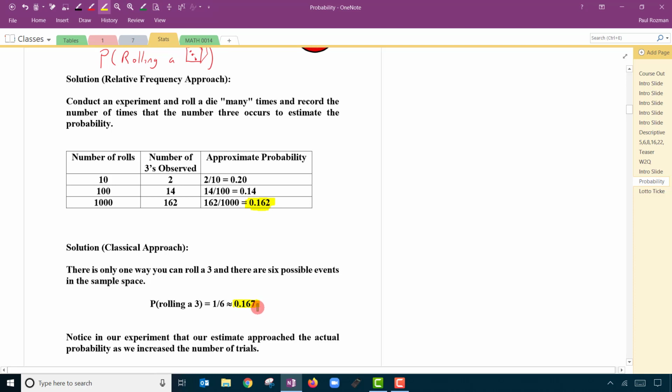So if I had continued to roll it a little bit longer, I probably would have been divorced, but I probably could continue to get closer and closer to 0.167. So that's just trying to show you the power of repeating an experiment a large number of times in order to estimate a probability.